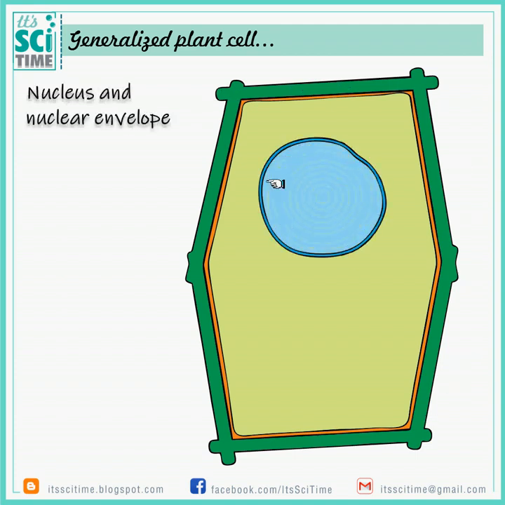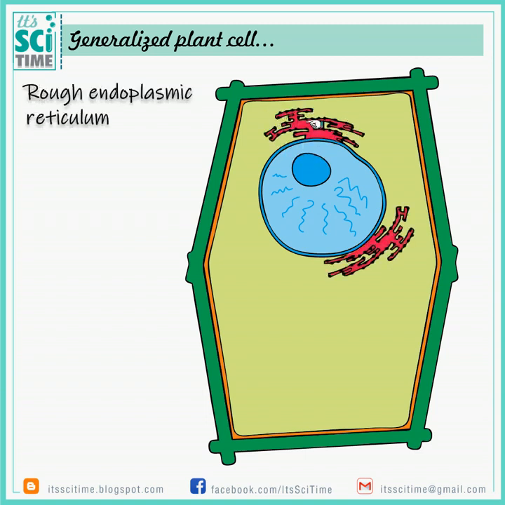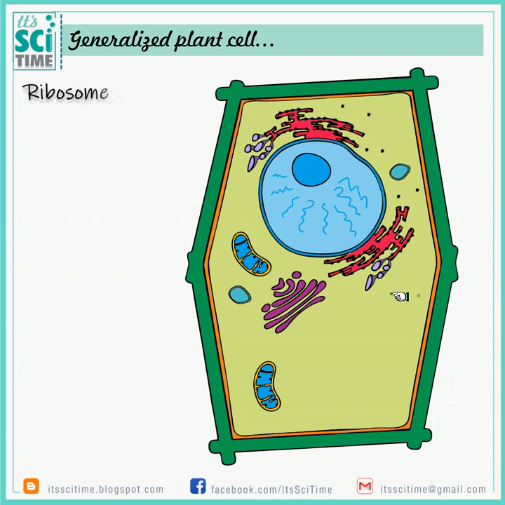Then the nucleus is seen, and the nuclear envelope surrounds the nucleus, with the nucleolus and chromatin, the genetic materials. Same as animal cells, there are rough endoplasmic reticulum, sheet-like, and tube-like smooth endoplasmic reticulum, and the Golgi apparatus. Mitochondria, the power plants, are seen, and peroxisomes also, and ribosomes spread in the cytoplasm as well as on rough endoplasmic reticulum.